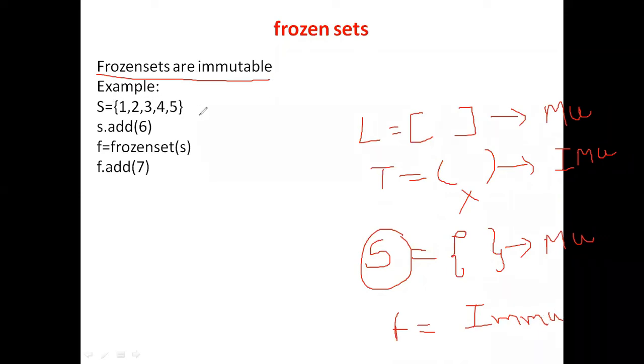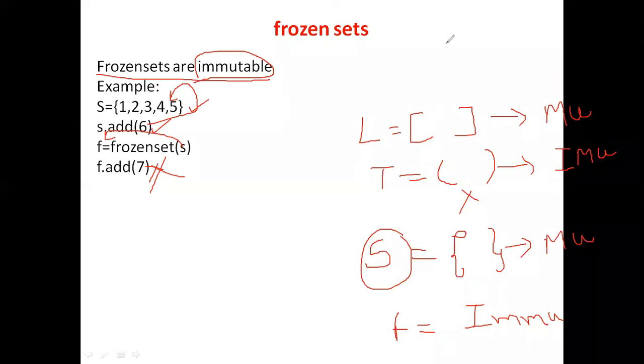For example, s equals 1, 2, 3, 4, 5. s dot add 6, and now 6 is added to the set s. If I convert set s into a frozen set f and apply f dot add 7, it returns an error. Why? Because frozen sets are immutable, the data objects cannot be changed.